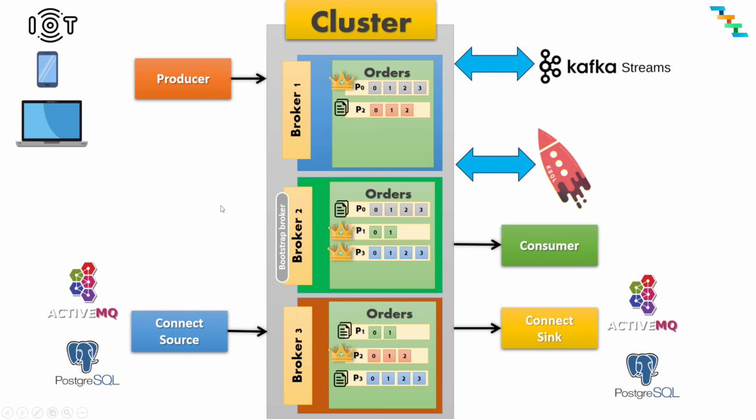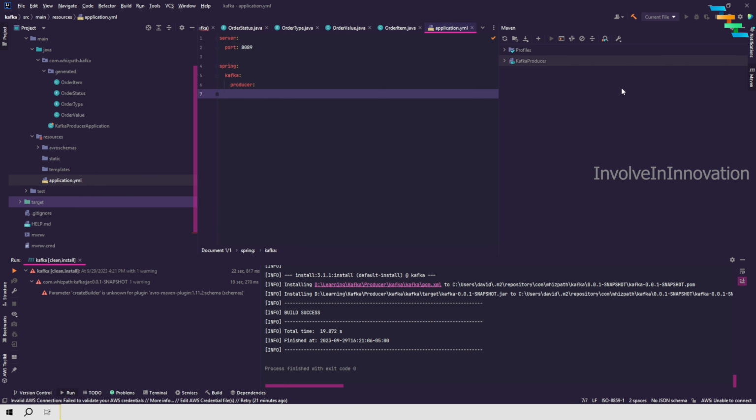Bootstrap broker is not a specialized broker. Any broker can be a bootstrap broker. So you need to specify the bootstrap broker's URI. For this I am using Docker. If you are new to Docker, don't worry, I will go step by step. I also have a Docker compose file.